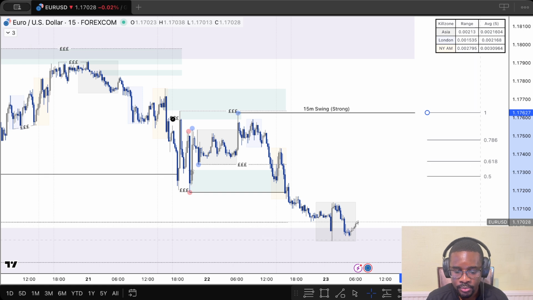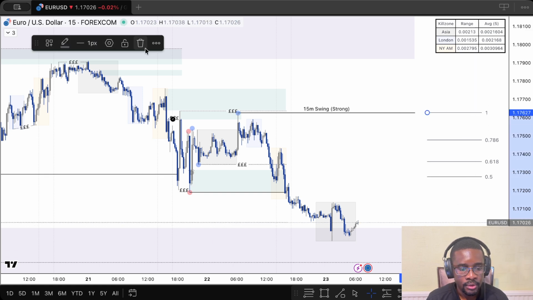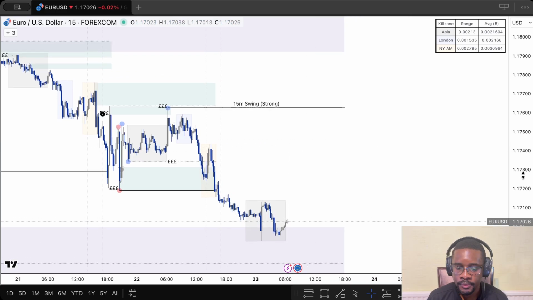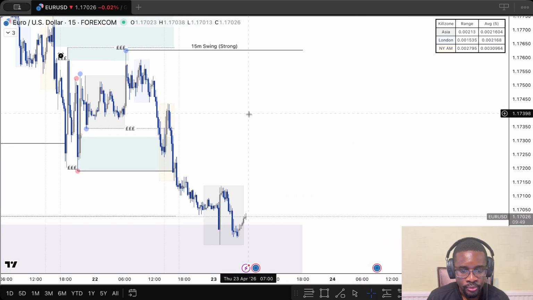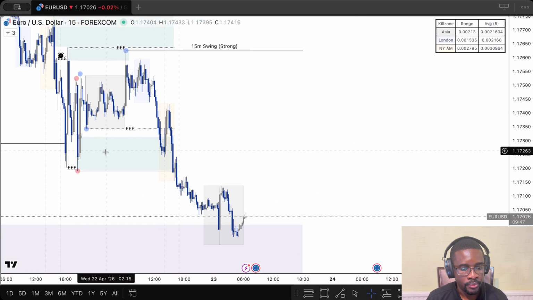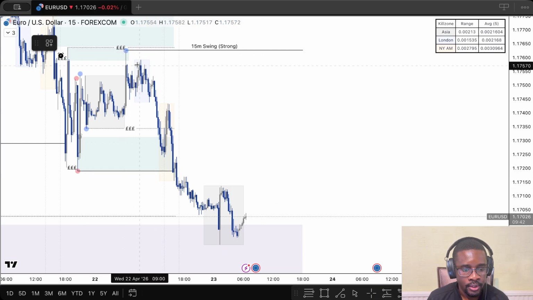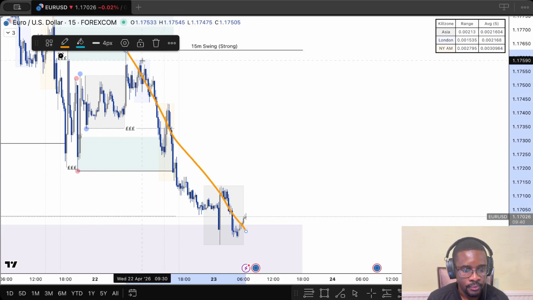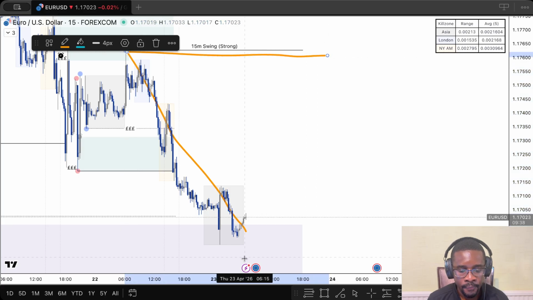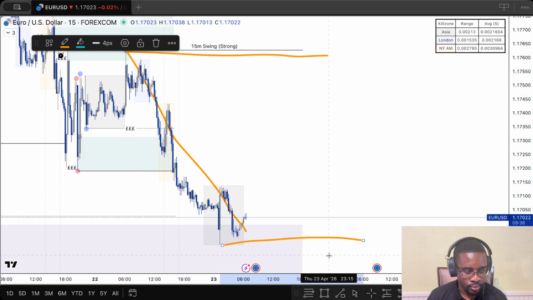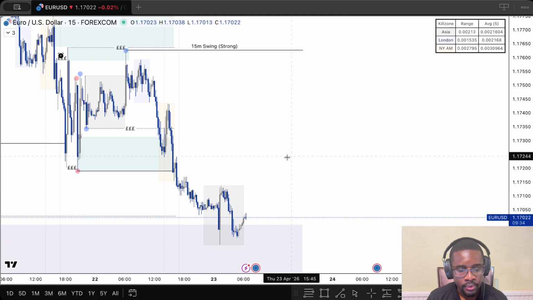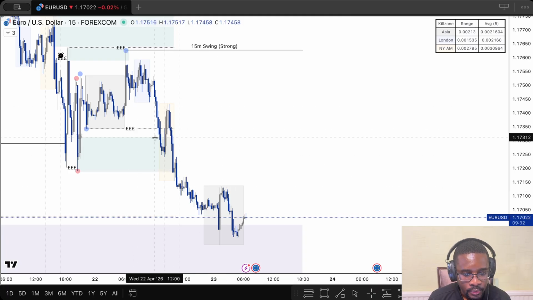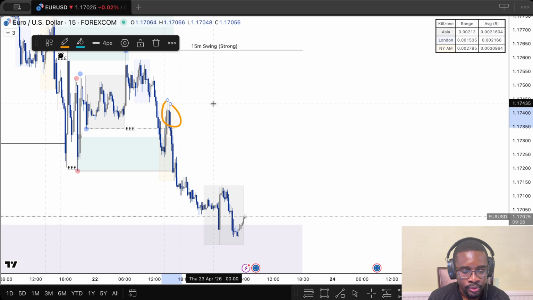Well, actually we don't need this at the moment. So this is the swing range that we have at the moment, from there to there, and then currently this is the low that we're within. So this is a point of interest.